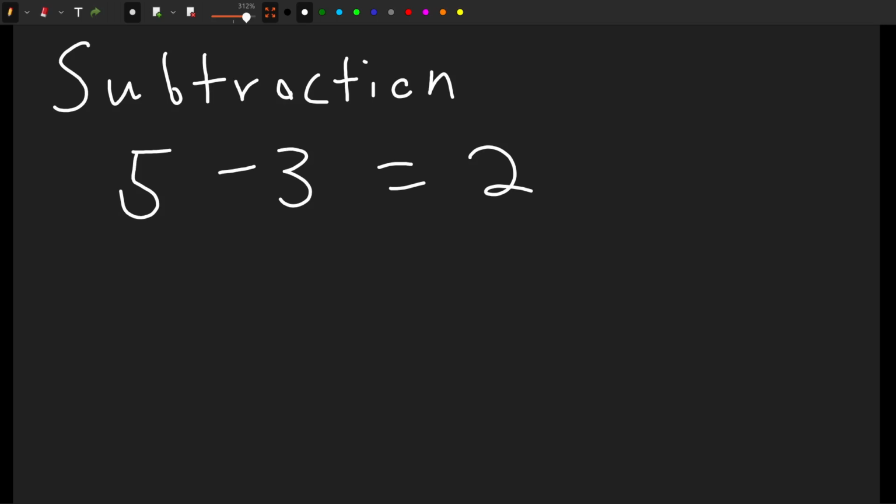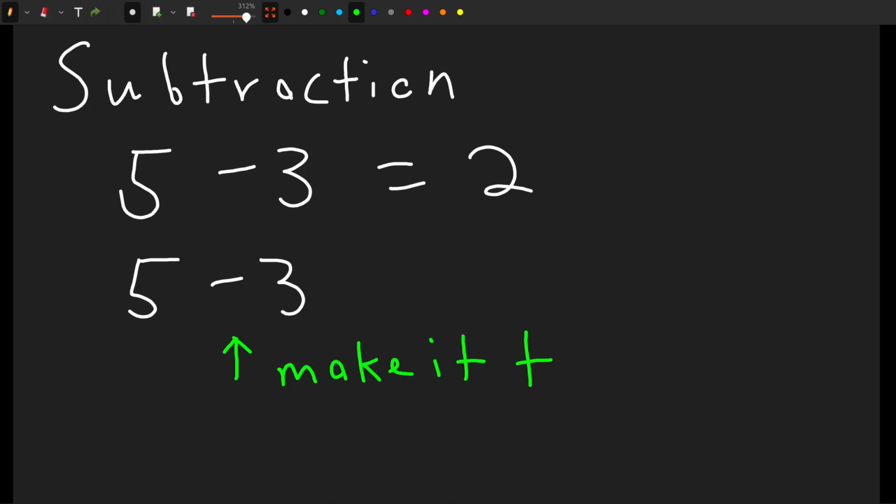With 5 minus 3, we can do something to this sign right here. We can make the operation addition, and then change the sign of the second number.